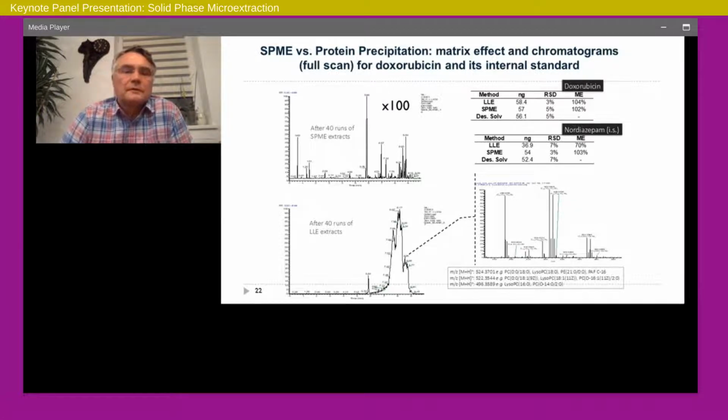So if you compare, for example, our approach, SPME, which is the upper trace, versus the lower trace, protein precipitation, you see this is a blank after 40 rounds of protein precipitation, and the upper is a blank after 40 rounds of SPME. As you can see below, we have a huge phospholipid band coming, while in the upper chromatogram, which is basically multiplied background of the chromatogram below, it's basically 100 times more sensitive.